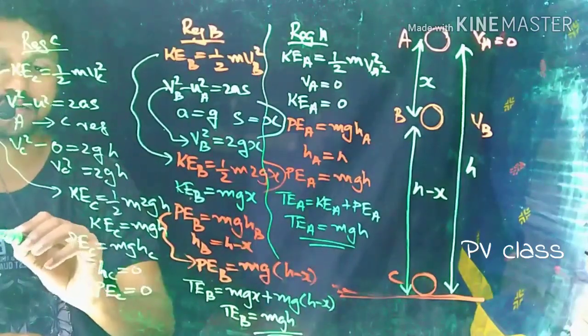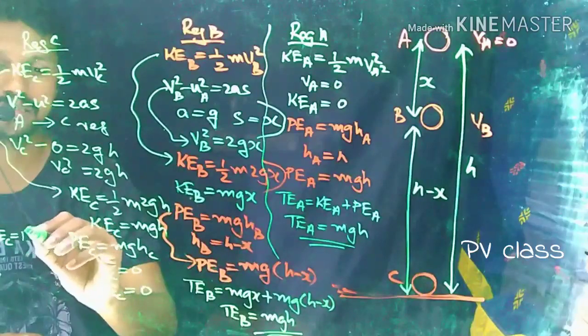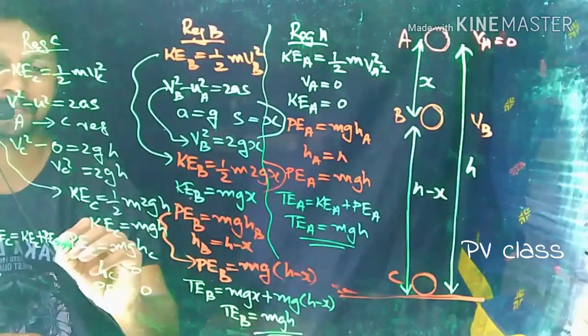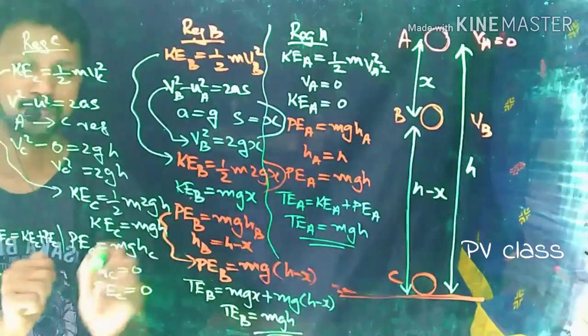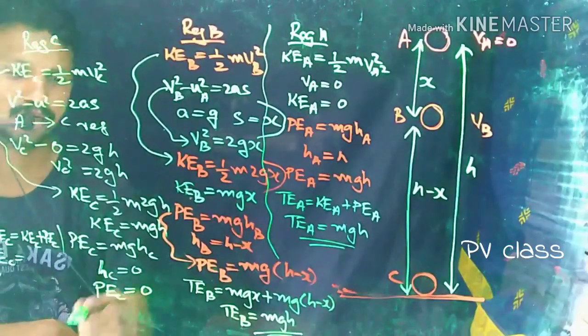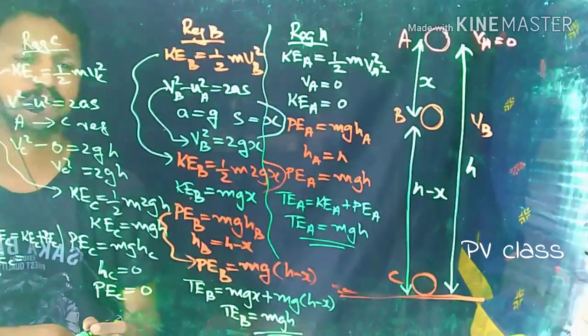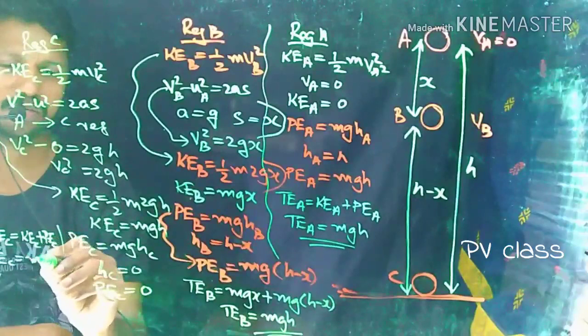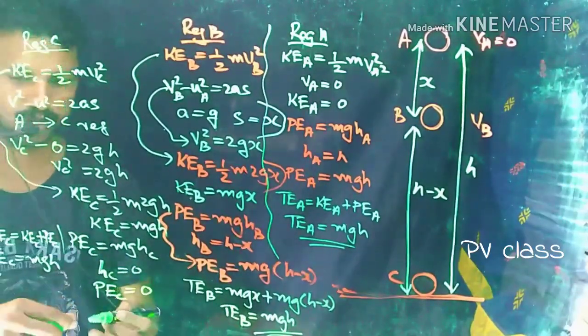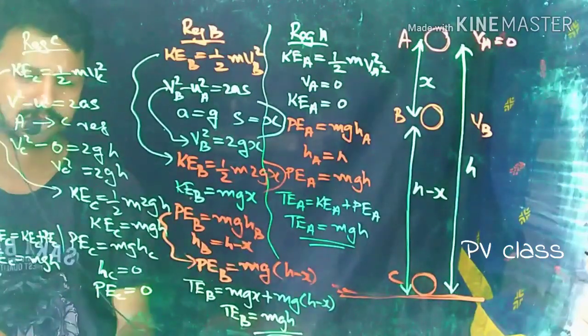Then we can write total energy at region C. It is kinetic energy plus potential energy. Kinetic energy at region C is mgh, and potential energy at region C is 0. Therefore, total energy at region C is mgh.